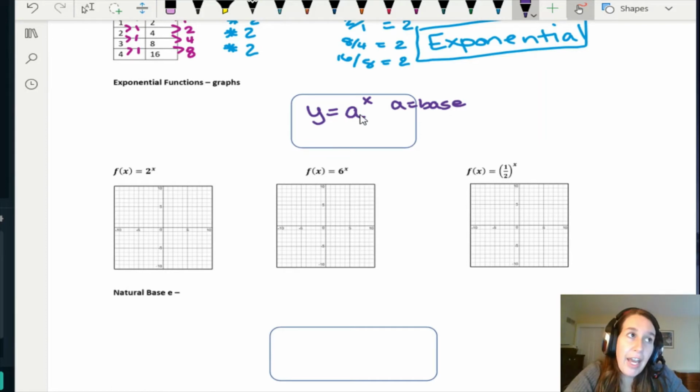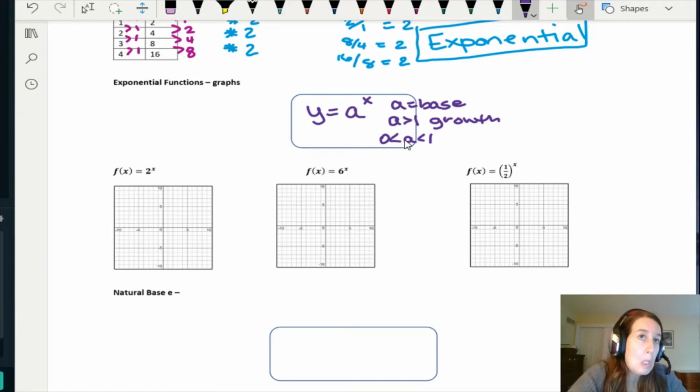And if a, that base, is greater than 1, then you have what's called exponential growth. And if a is between 0 and 1, so let's say it's 1/4 or 1/2 or 2/3, something like that, then you have what's called exponential decay.